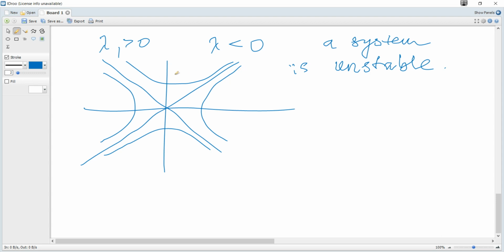And you may guess that it will move away from the origin, or diverge, parallel to the positive lambda vector and move to the origin parallel to the negative lambda vector. So this vector corresponds to lambda 2, which is negative, and this corresponds to lambda, which is positive, from negative to positive.